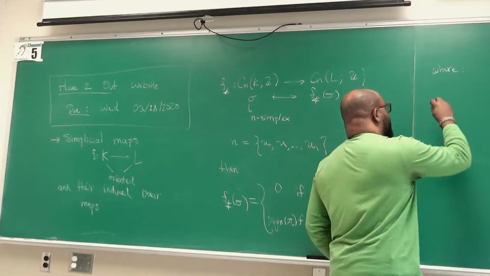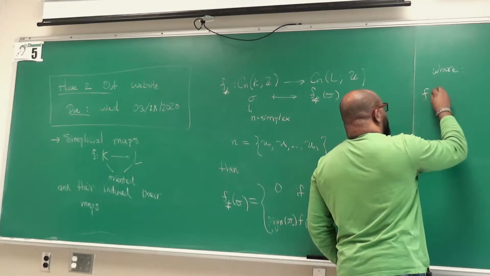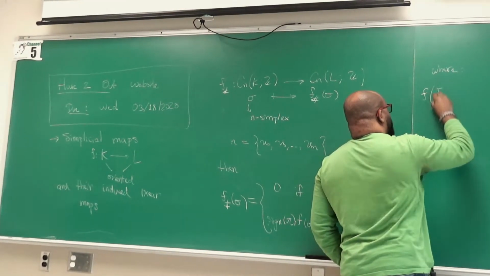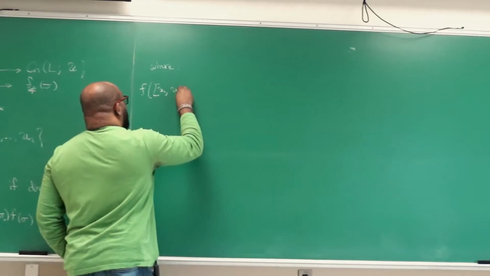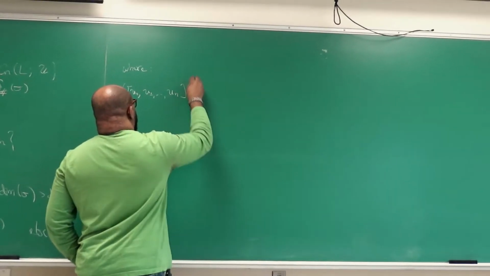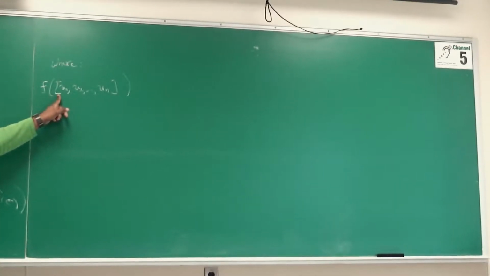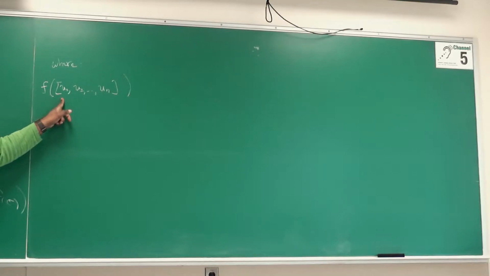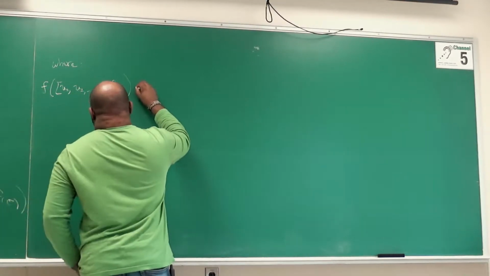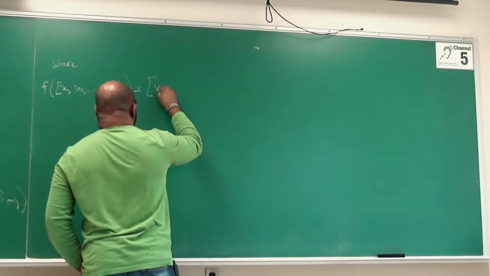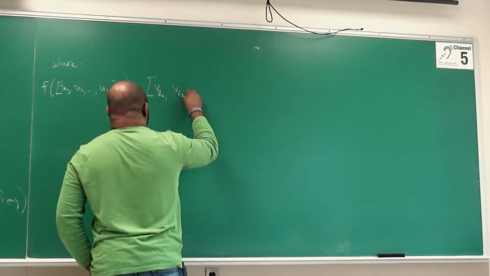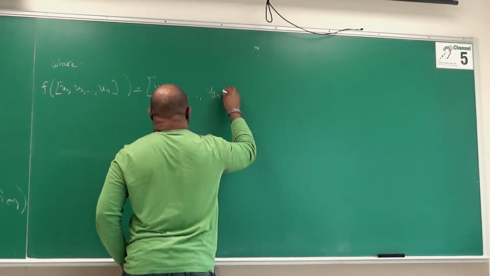Where F of [u0, u1, ..., un], and remember that when I write brackets, I want to emphasize that the simplices are oriented, is equal to [v_j0, v_j1, ..., v_jn].